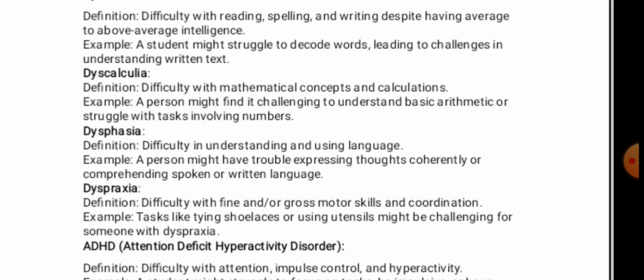But of course there are certain students in our class who are suffering from dyscalculia, and they have problems regarding calculation, logical understanding, and numbers. They are not able to do the basics of multiplication, addition, subtraction, division, they struggle with it. So always remember the word dyscalculia: calculia means calculation, calculation means mathematics.